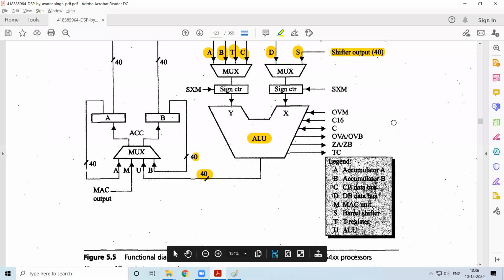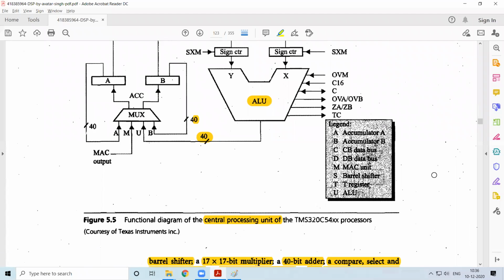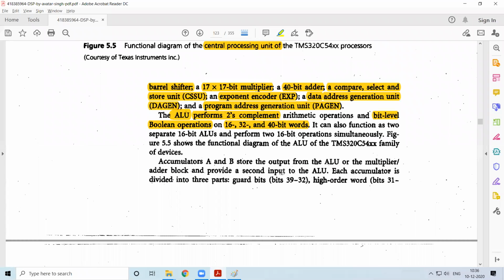So this ALU can operate as two ALUs which can perform operations on two 16 bits. And generally, we sometimes come across the term guard bits. So those are also taken care of. That's why the 40-bit word comes over here.